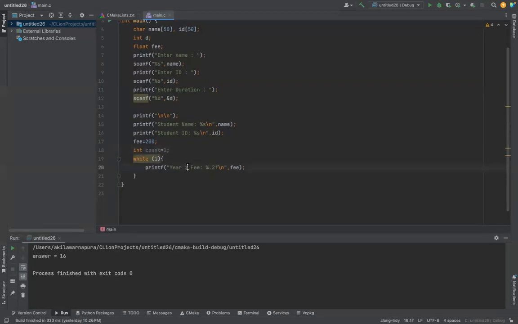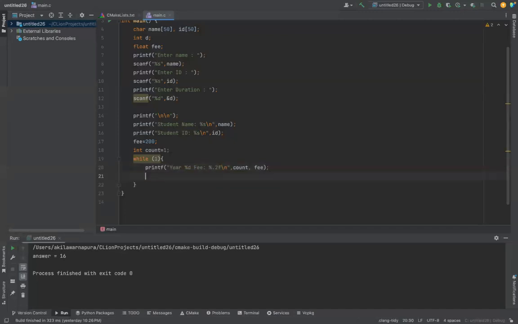Now I am going to put this count into this. Instead of 1, here I use percentage d and pass the variable. The percentage d comes before the fee, therefore I put the variable count, comma, after that fee. First one is count, after that the variable fee.